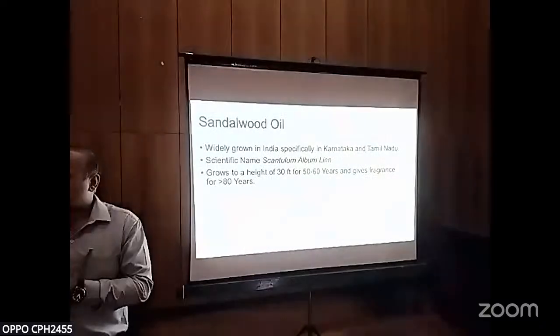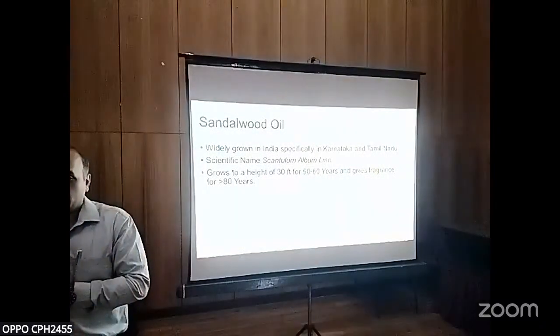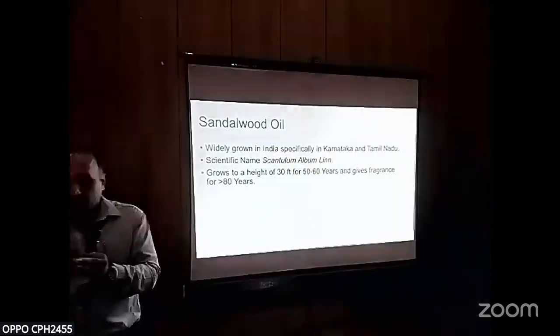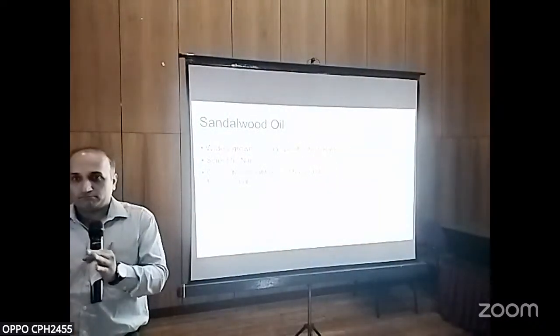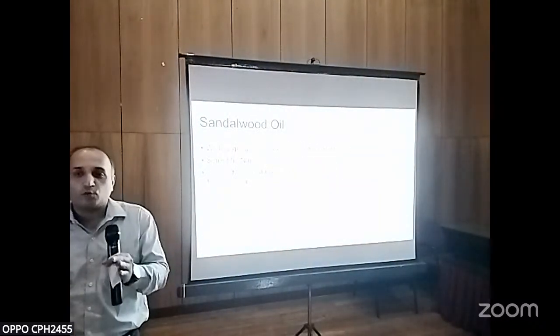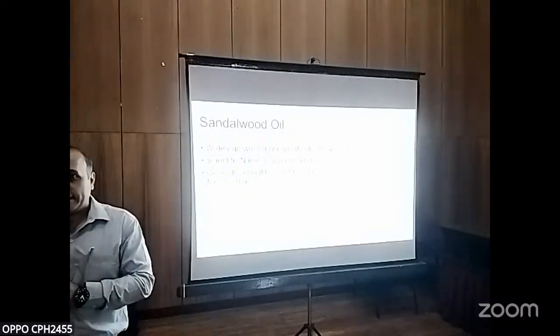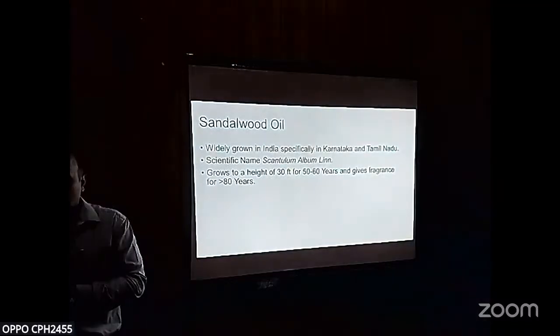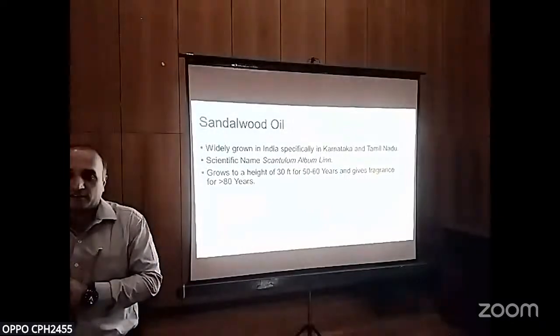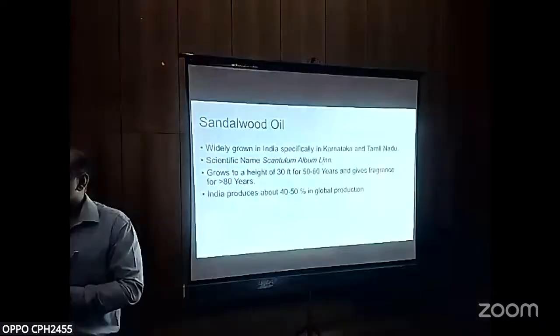Normally the tree grows for around 50 to 60 years, and after 60 years the diameter of the trunk has to be more than 1 to 1.5 meters. Then you can take out the flakes and extract the oil from that.